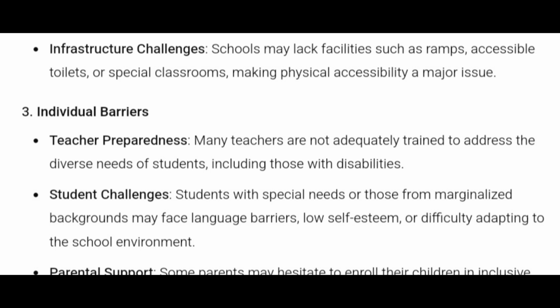Infrastructure challenges. Schools may lack facilities such as ramps, accessible toilets, or special classrooms, making physical accessibility a major issue. So infrastructure challenges means there might not be enough ramps. There might be only a staircase. So we have to take care of the children who have locomotory problems, right?